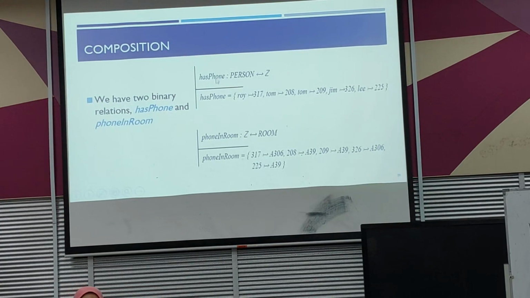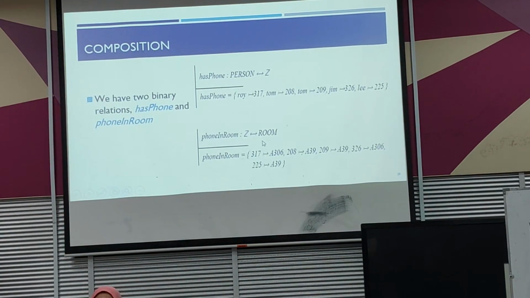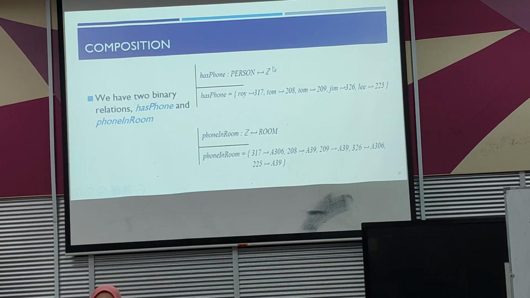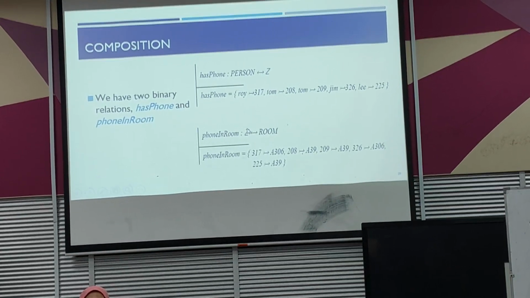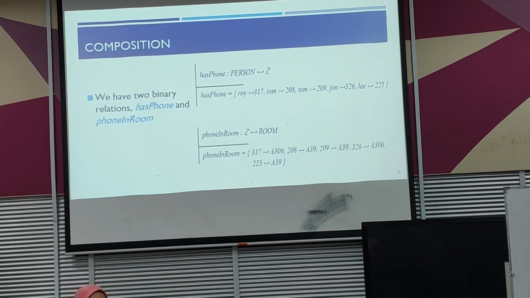Then I have has phone, person to Z, and phone in room, Z to room. So the range of the first relation and the domain of the second relation, if they match, the same type, you can do composition.